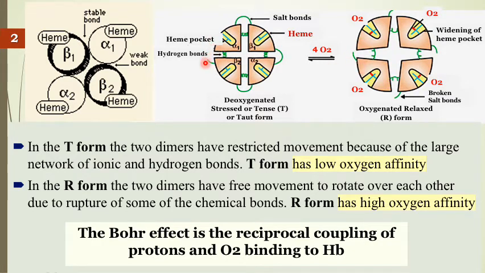So the large number of hydrogen bonds which bind the first dimer to the second dimer are broken when oxygen binds the hemoglobin molecule, and at the tissue, when hemoglobin delivers oxygen and oxygen leaves the hemoglobin, the hydrogen ion enters again and reforms the hydrogen bonds. That is the meaning of reciprocal coupling of proton and oxygen binding to hemoglobin.